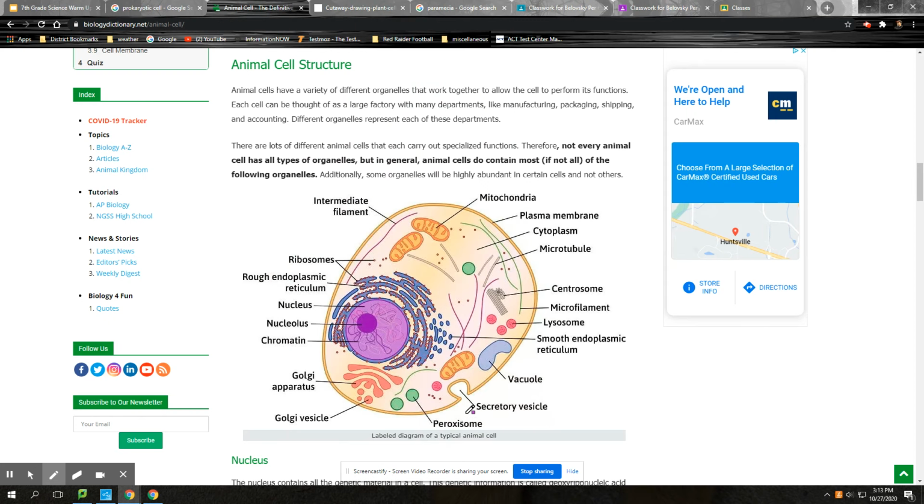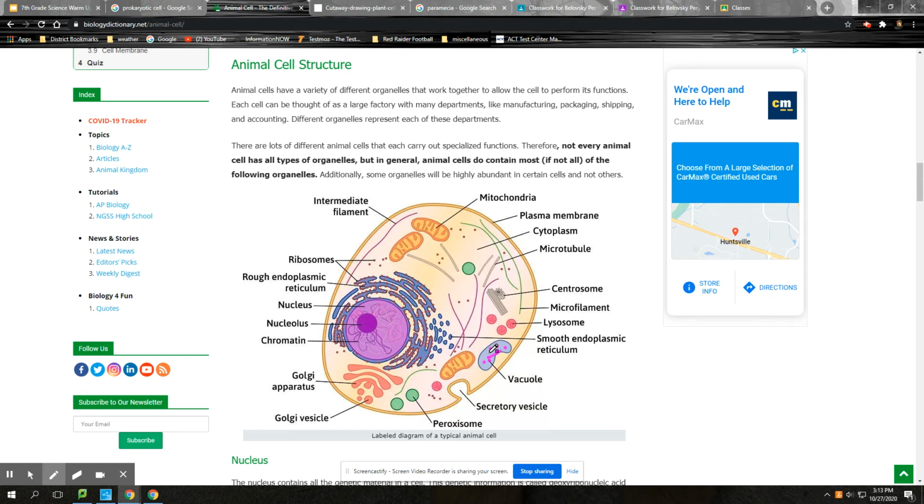And right here is a vacuole that might have waste product in it, and it's heading towards the cell membrane so that it can get rid of the waste product. I have no idea what could be in that vacuole. It looks like it's empty, but let's put waste product inside of here.